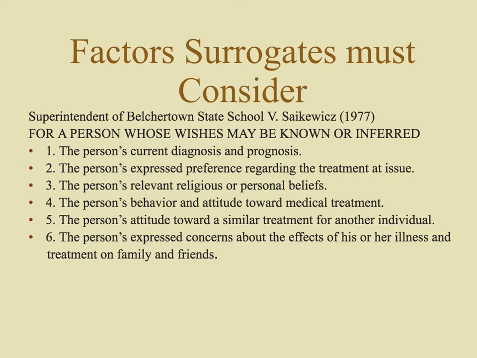You have to consider the person's relevant religious or personal beliefs, their behavior and attitude towards medical treatment, their attitude towards a similar treatment for another individual, and if they express concerns. And these could be expressed concerns verbally or non-verbally. So you might look at the expression on their face, whether they cry out during the treatment, whether they try to run away, because that's expressing a preference.